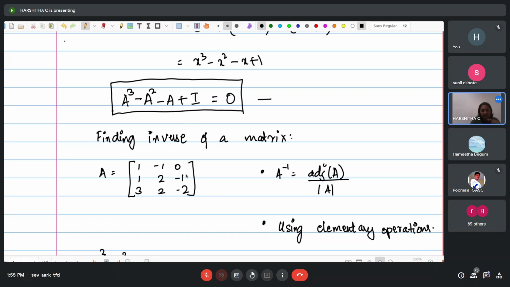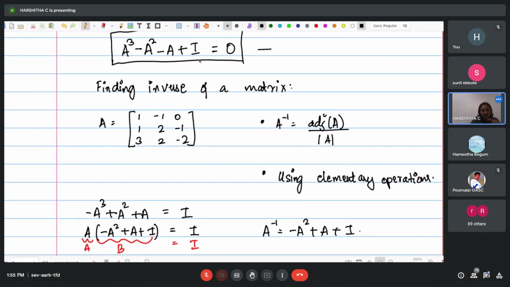Now, what we've done is, in this equation, just taken identity to that side. So what is it that we have? A cube minus A square minus A plus identity equal to 0. I've just taken all these three terms to this side.